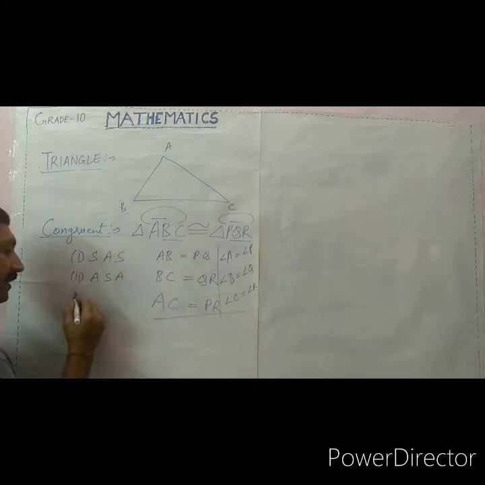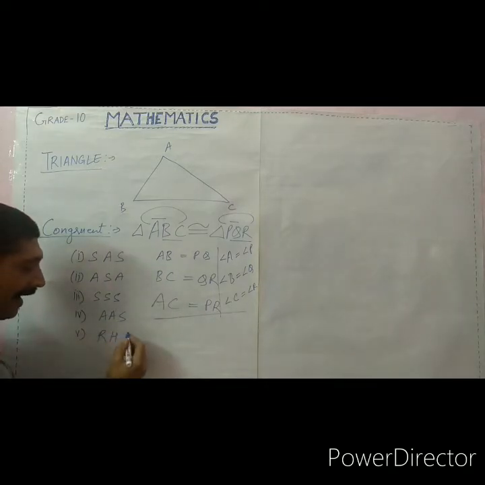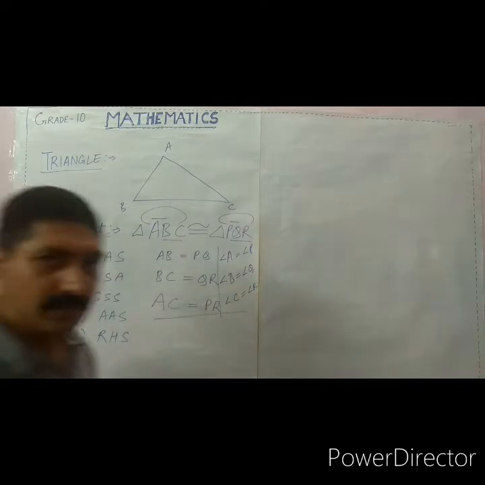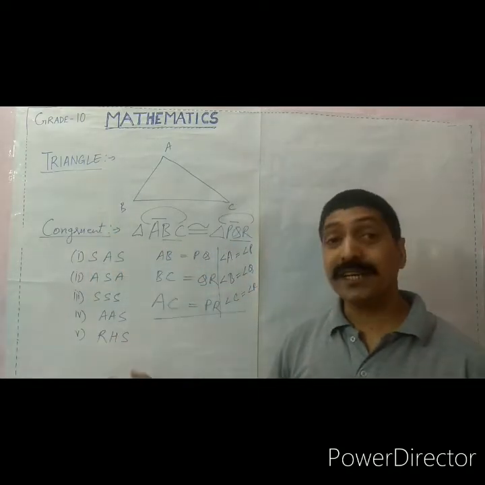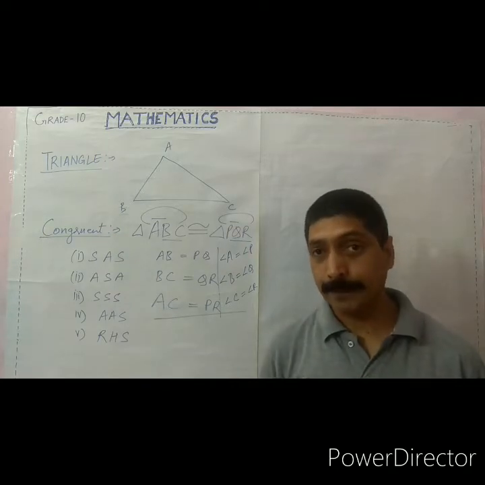We have studied the side side side rule of congruency. One more rule, that is angle angle side. We have studied the right angle hypotenuse side rule. So we have studied these rules in detail in grade 9.